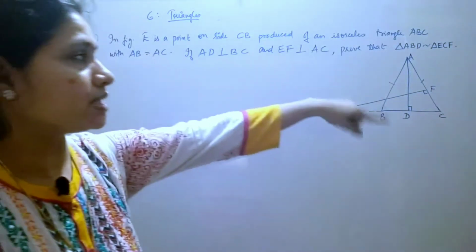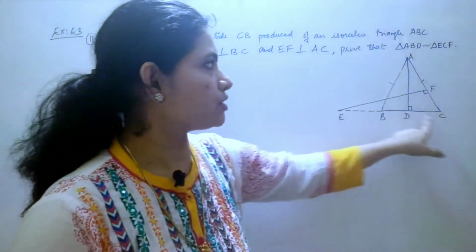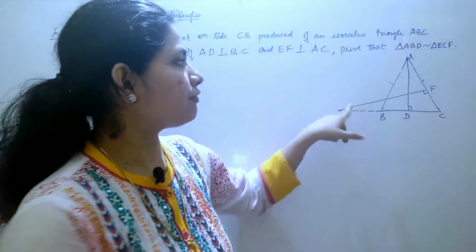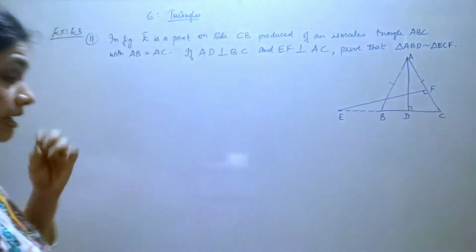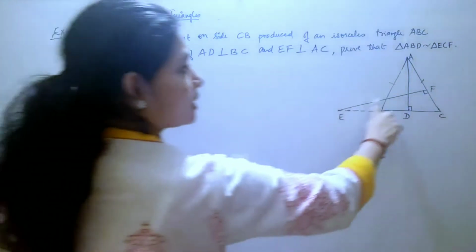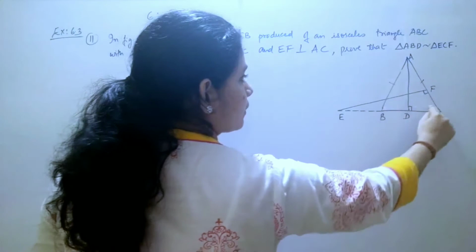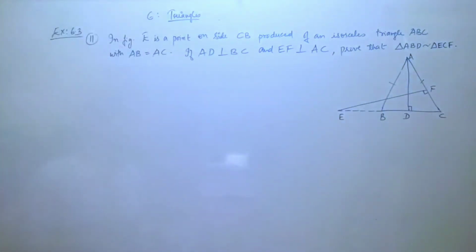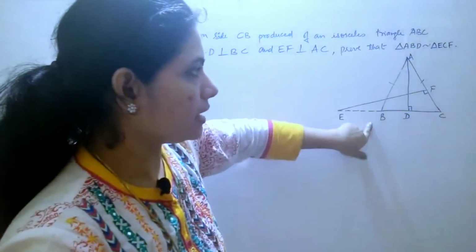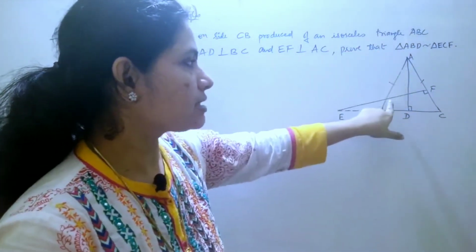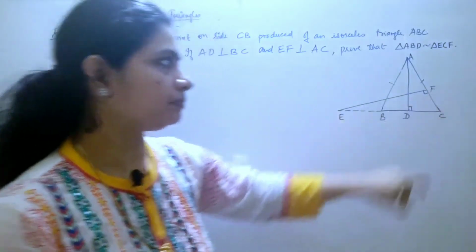If AD is perpendicular to BC, and EF is perpendicular to AC, these two are given, and you have to prove that triangle ABD is similar to triangle ECF.